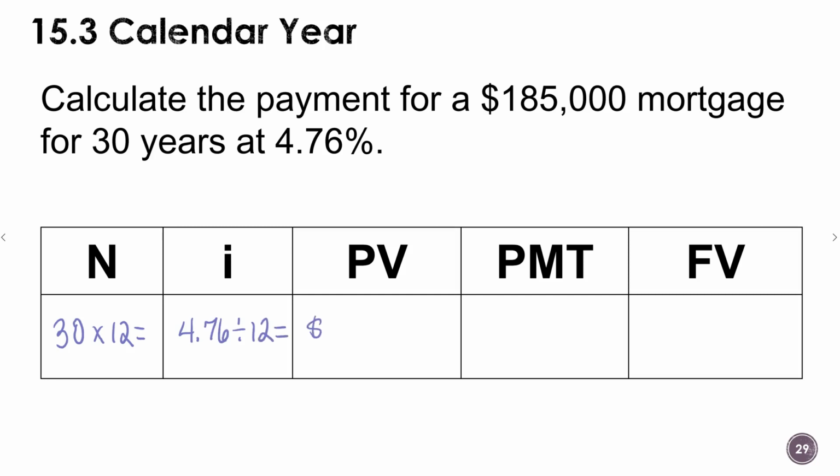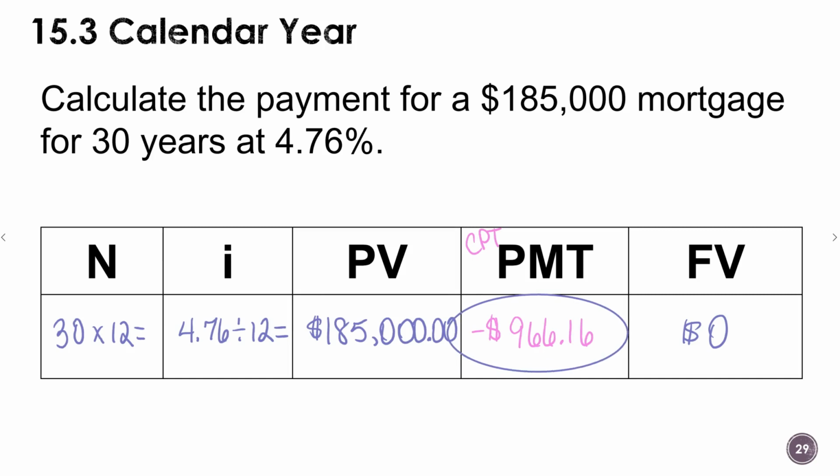Present value 185,000. Future value is 0. Now we're going to compute our payment. Be sure to pause this if you want to check this out yourself. You have to make sure your payment matches mine of $166.16. That's our payment amount. And then we'll try to mess with this calculator about some other stuff.